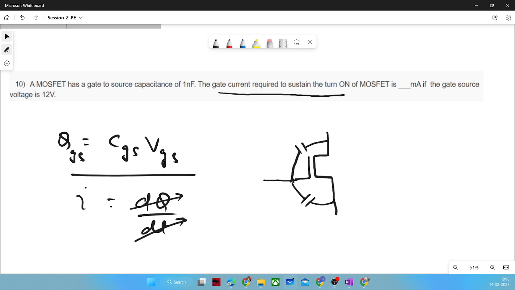So already the gate source voltage is 12 volt, which means the MOSFET is already on. So you don't require any gate current to sustain the turn on or to maintain the current. So the gate current required is 0 amps. That was the solution given yesterday. Okay. Then you can go ahead with that. No issue, I guess.